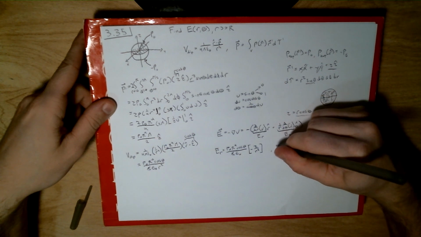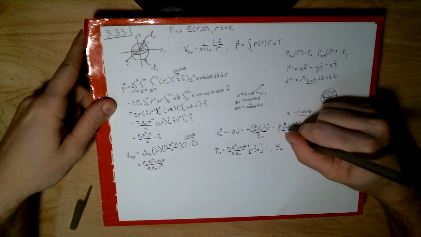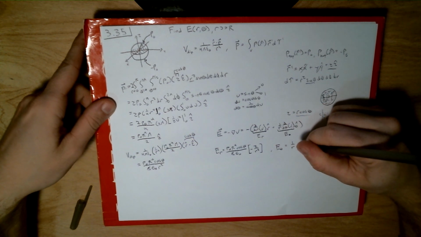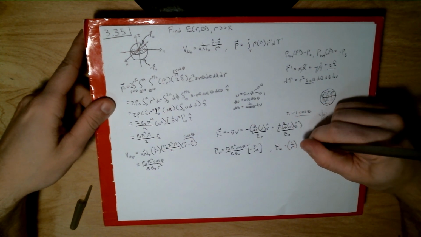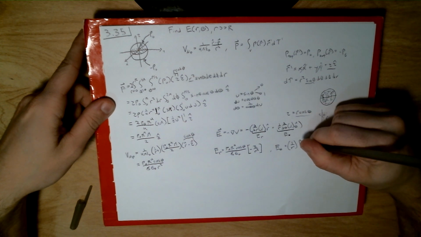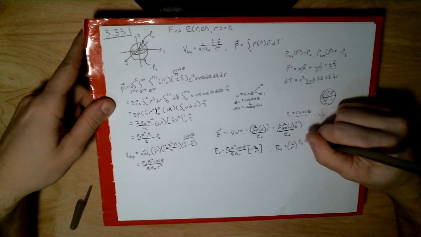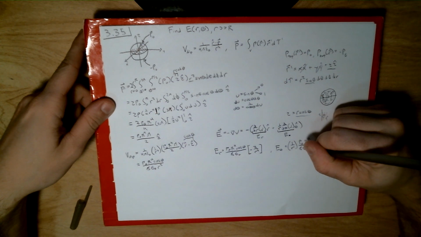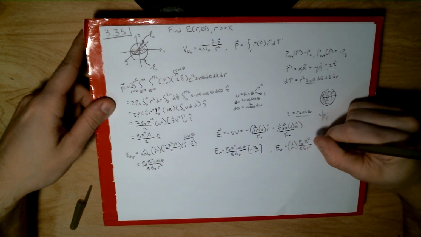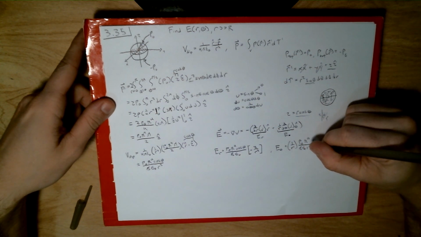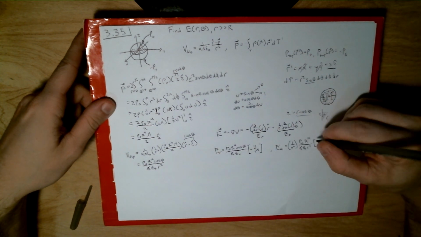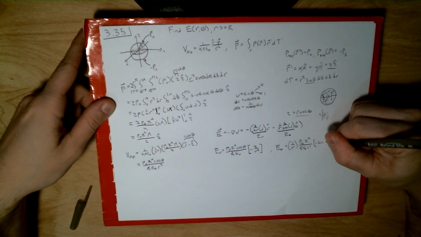And then our e sub theta element is going to be our 1 over r times all that stuff that doesn't matter for our partial, r squared, and then that partial derivative. And that partial derivative is just going to be affecting cosine theta, which will become negative sine theta.